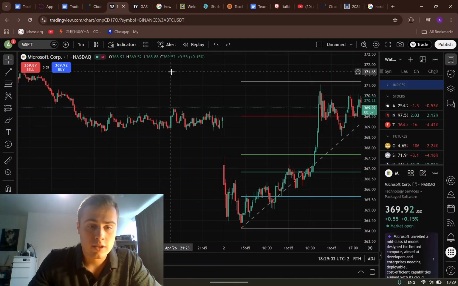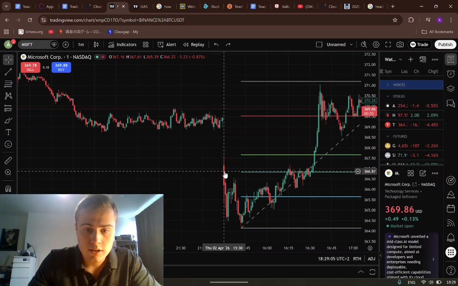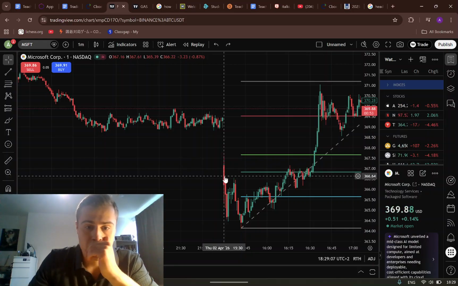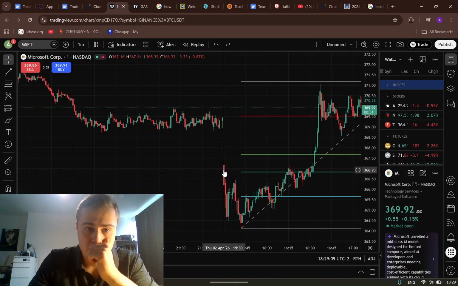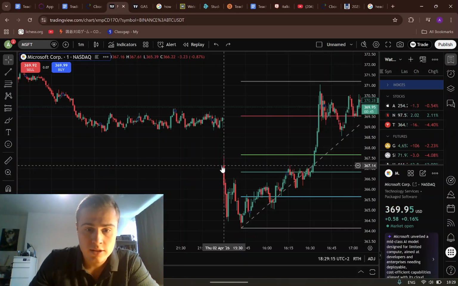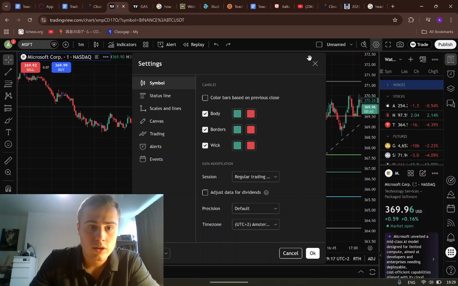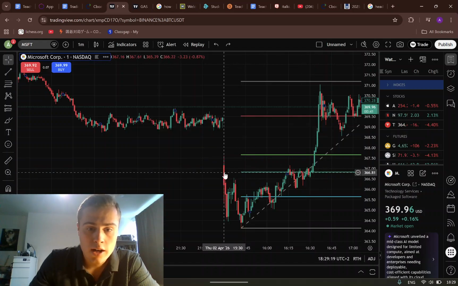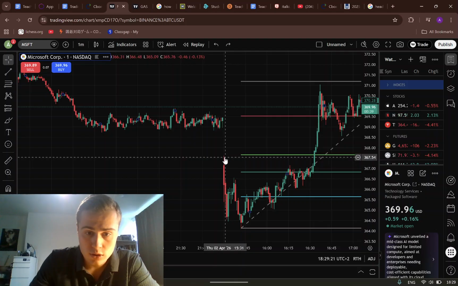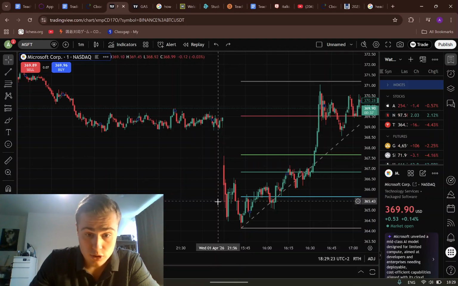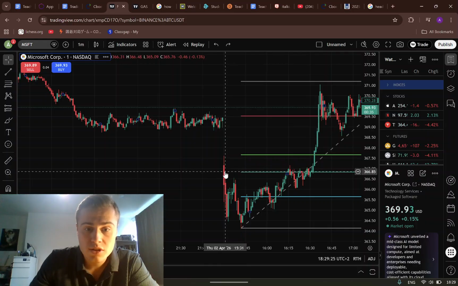Then these green and red lines just demonstrate the information that we get from the candlestick. Like at this candlestick, we see that O means open, so the price was opened here at 367. Then we go to the high, which means that the highest point was right here. The lowest point is obviously here, and the close was right here.